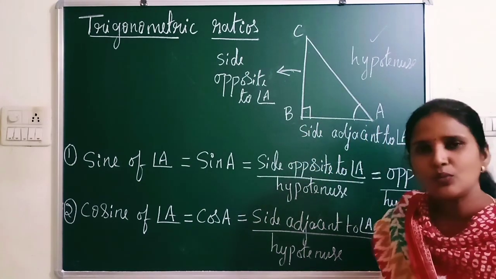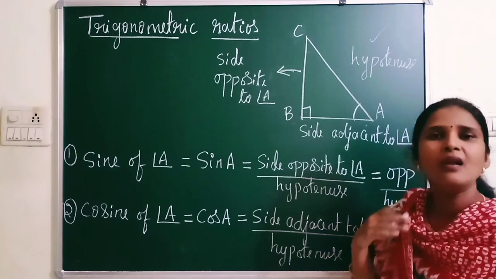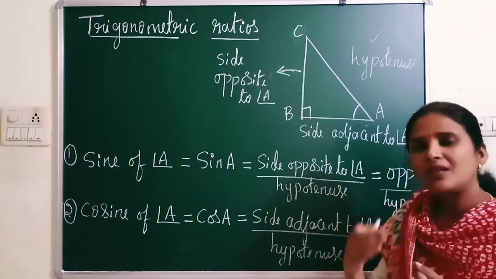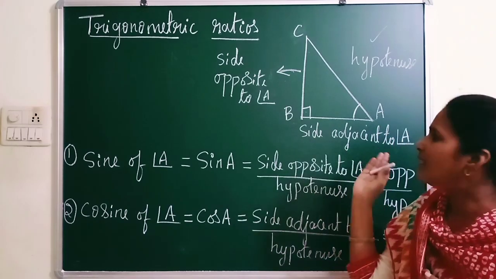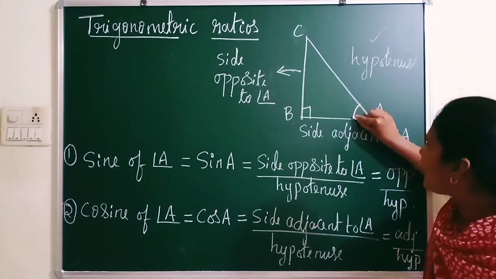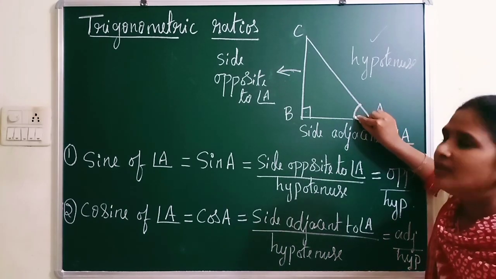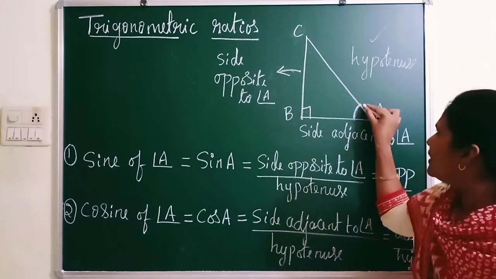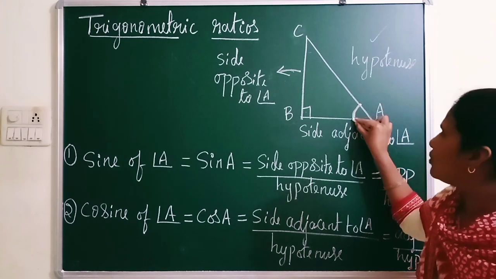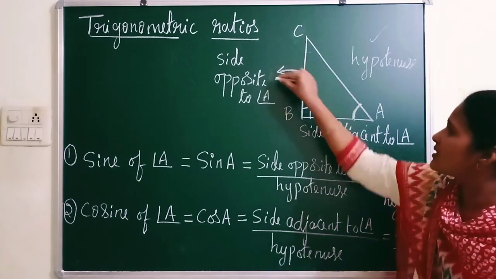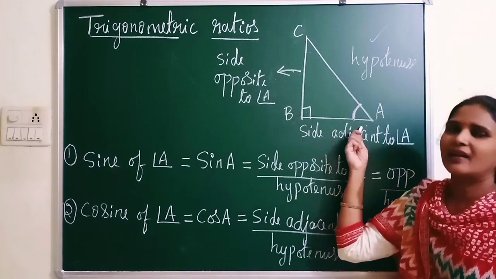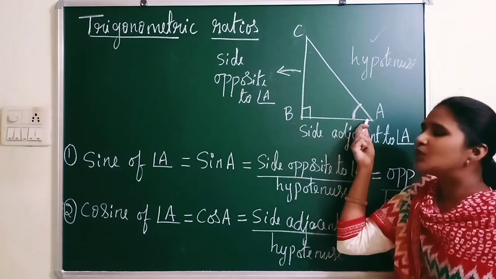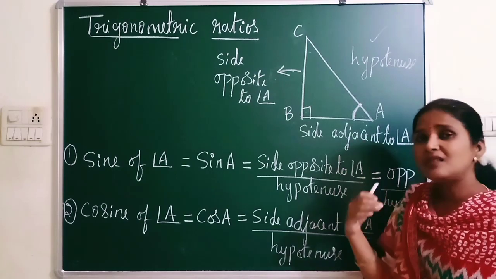Now the other 2 sides, which we had taken as base and perpendicular, have their names changed a little with respect to the acute angle. Here I am considering angle A as the acute angle. If you consider C as the acute angle, the sides will change. What is the side opposite to angle A? Just concentrate here. Why not angle C?